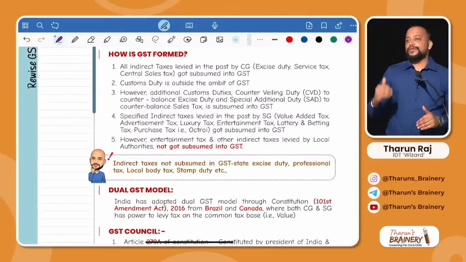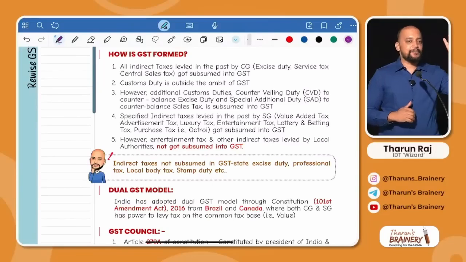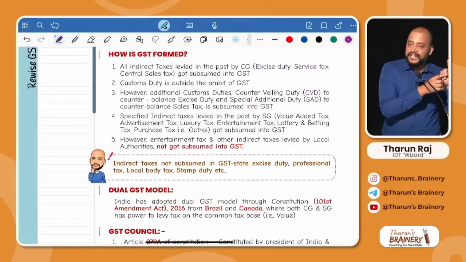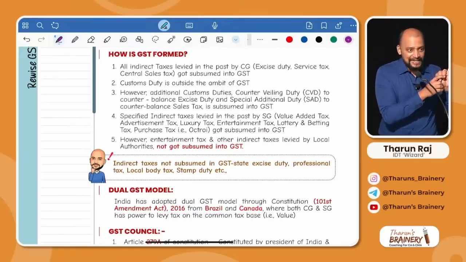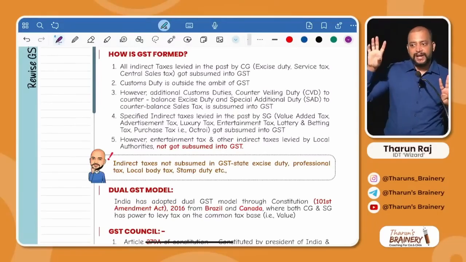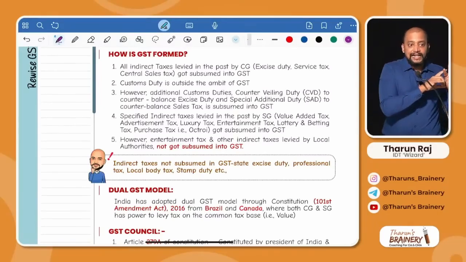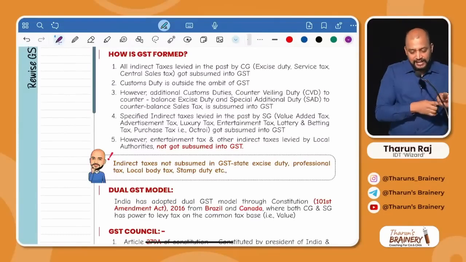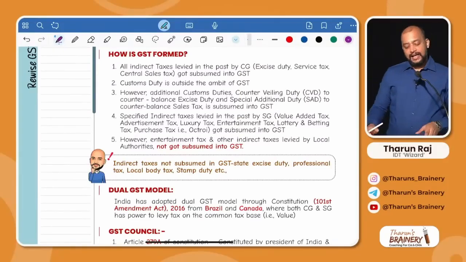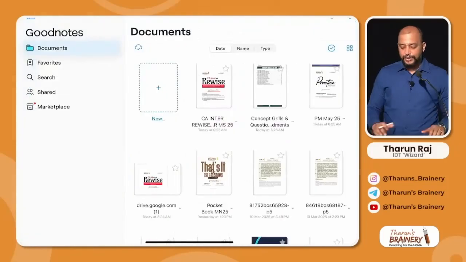The central government used to levy 4 indirect taxes in the past: central excise duty, service tax, central sales tax and customs duty. These are the 4 indirect taxes levied by the central government in the past.